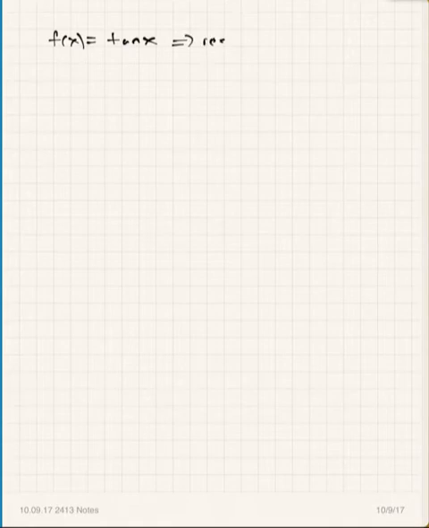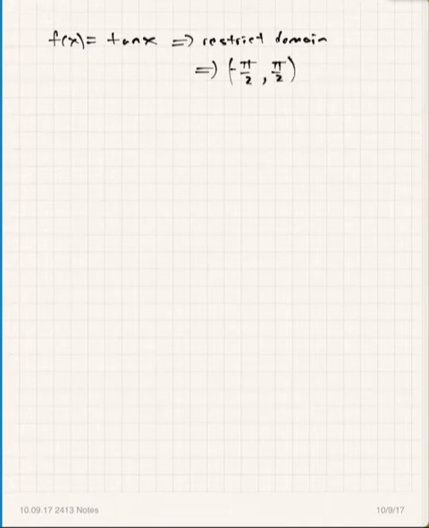In this case, we are looking at the domain to be all the values from negative pi over 2 to pi over 2, open interval there, right? Because remember, the tangent function is not defined at negative pi over 2 or pi over 2. You have vertical asymptotes there. So that's the domain of the restricted tangent function. And then the range there, remember the range for the tangent is just all reals.